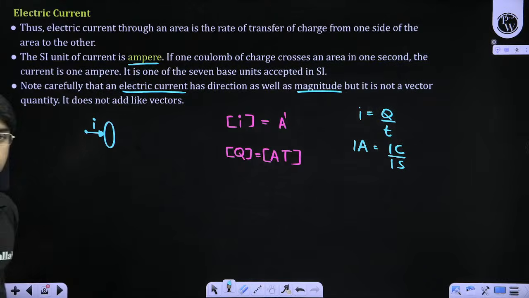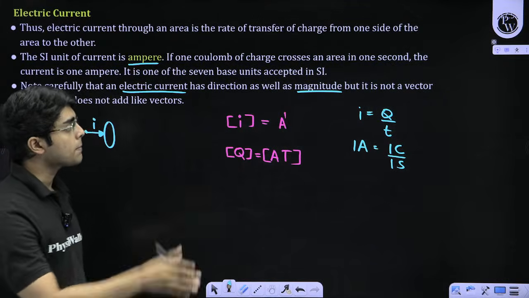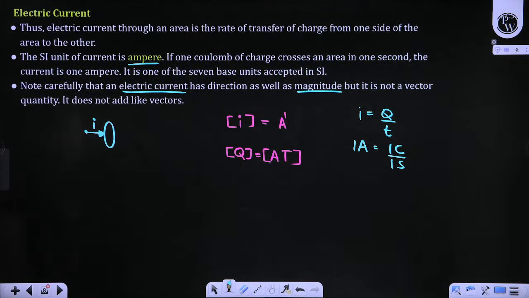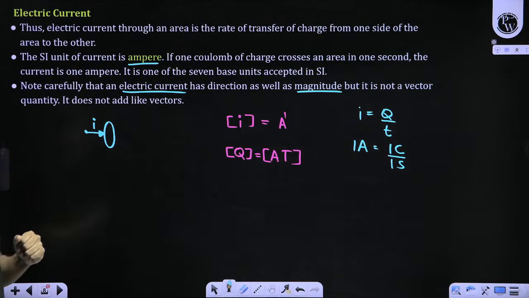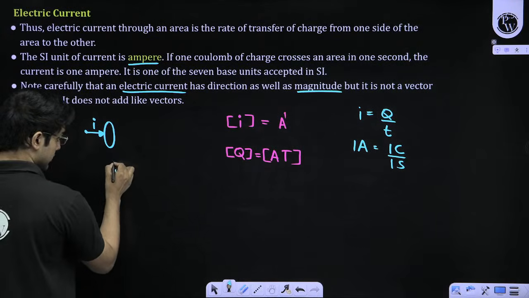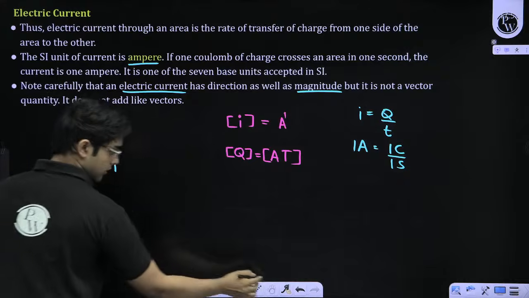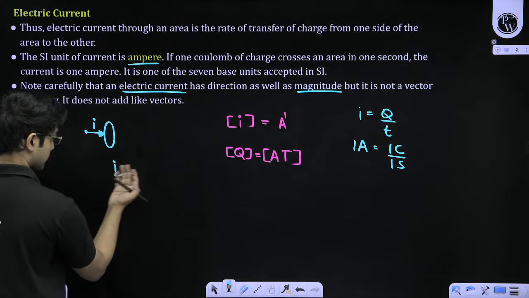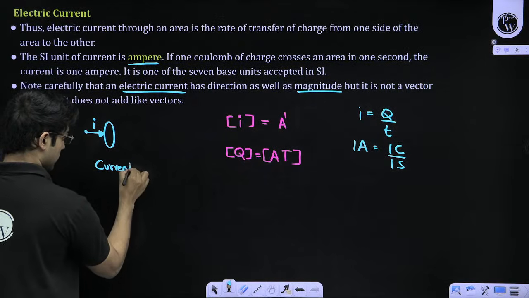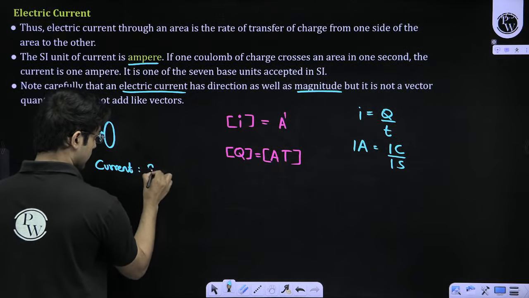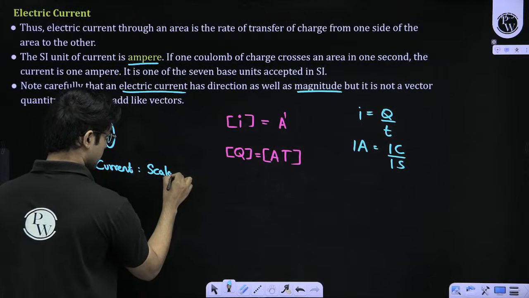There is a different physical quantity called the electric current density, which we will discuss, that is treated as a vector. So electric current is a scalar quantity only.